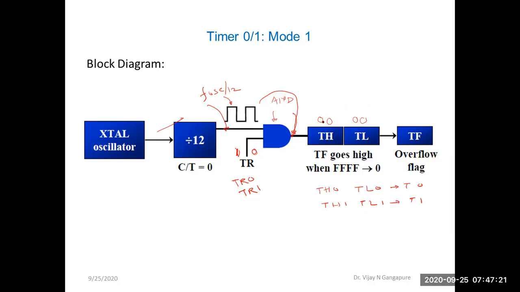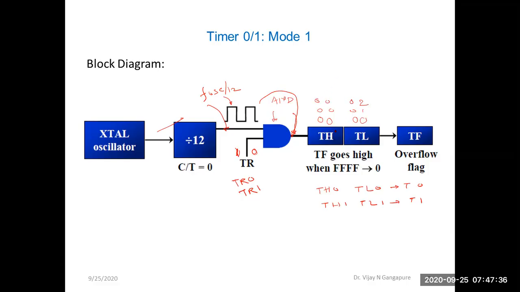Suppose the initial value is 0 0 0 0. Due to one pulse it will get incremented by 1 and become 0 0 0 1. Due to the next pulse it will again be incremented by 1, that is 0 0 0 2.